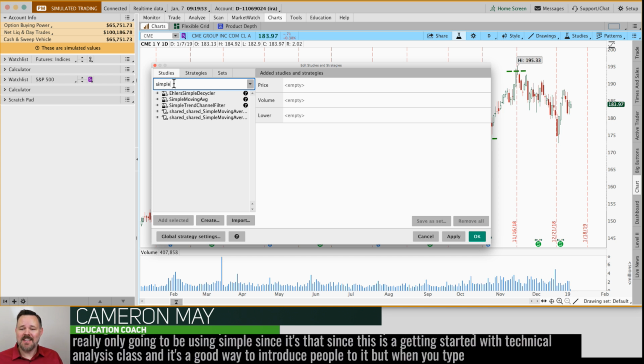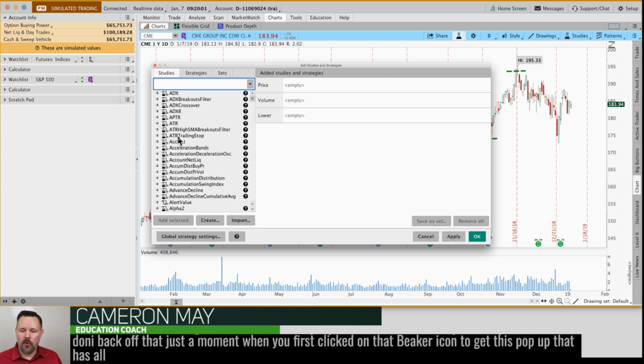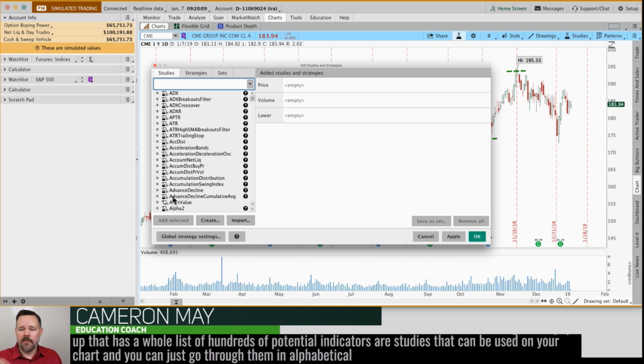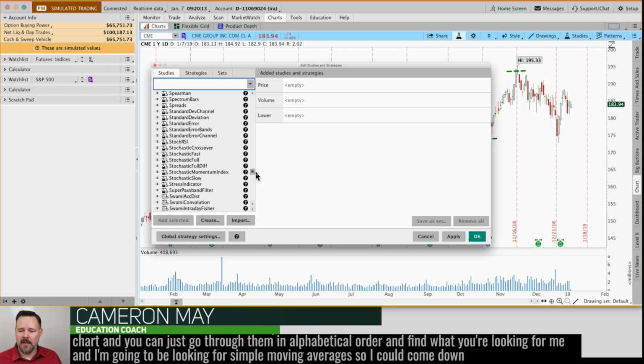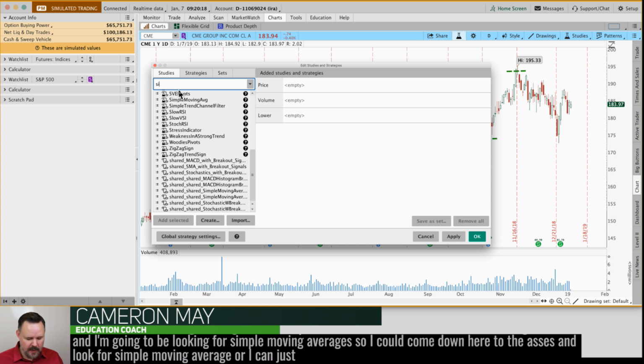But when you type in simple, matter of fact, let me back off that just a moment. When you first click on that beaker icon, you get this pop-up that has a whole list of hundreds of potential indicators or studies that can be used on your chart. And you can just go through them in alphabetical order and find what you're looking for. I'm going to be looking for simple moving averages, so I could come down here to the S's and look for simple moving average, or I can just do a keyword search.